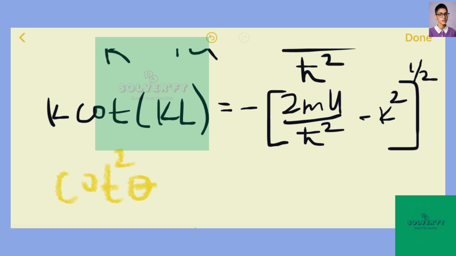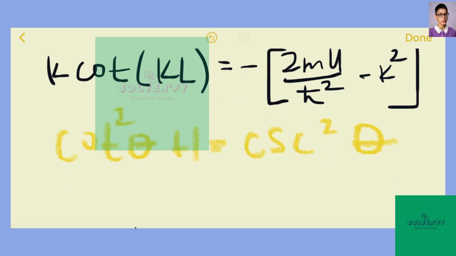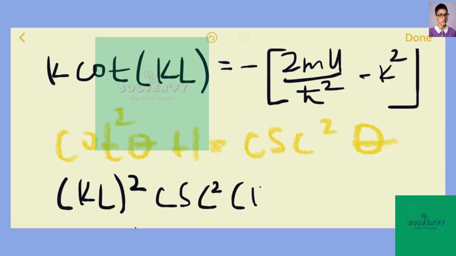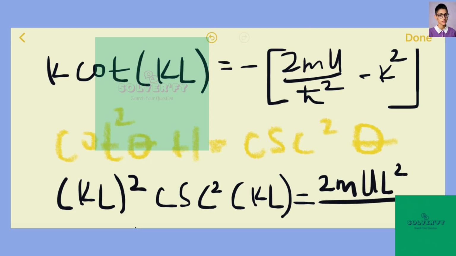Cotangent squared of theta plus 1 is equal to cosecant squared of theta. So we have kL squared cosecant squared of kL is equal to 2mUL squared over h bar squared.